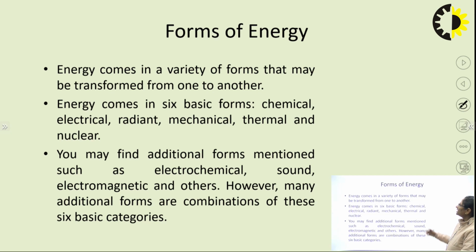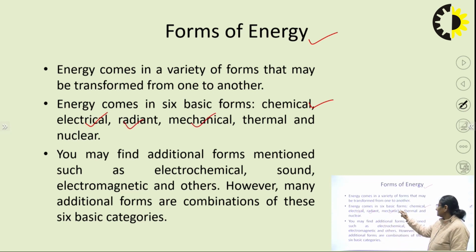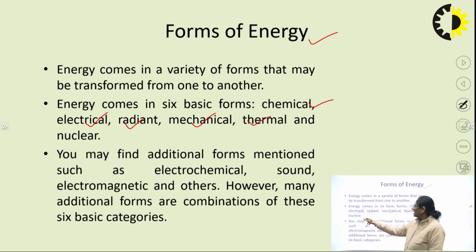Now let us talk about the forms of the energy, various forms of energy. Energy comes in a variety of forms, and these forms may be transferred into one another. Energy comes in 6 basic forms. These 6 basic forms are chemical energy, electrical energy, radiant energy, mechanical energy, thermal energy, and the nuclear energy, right?